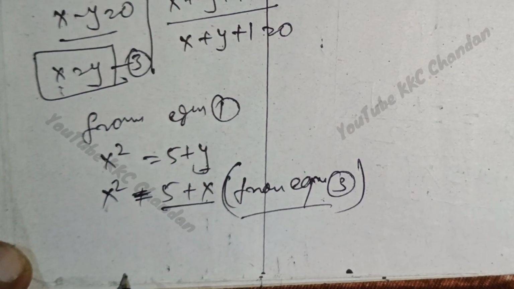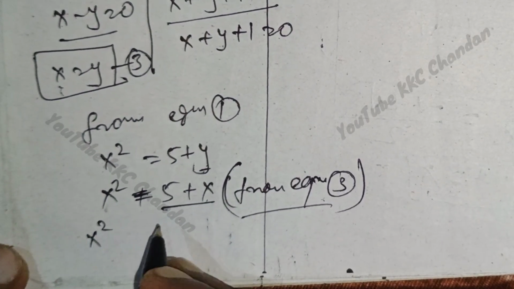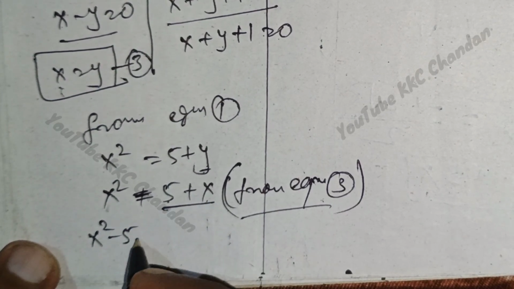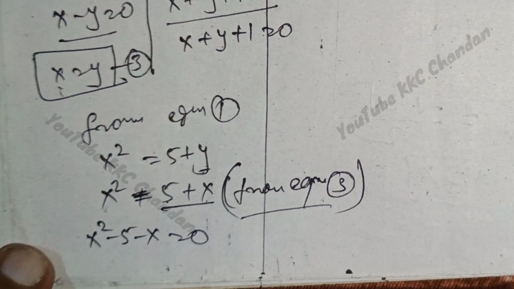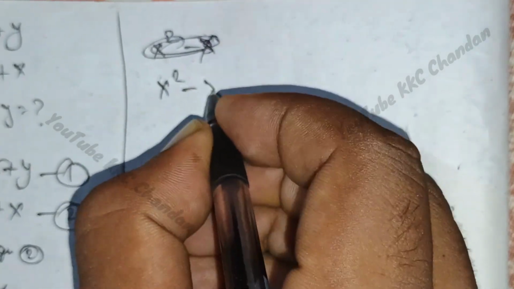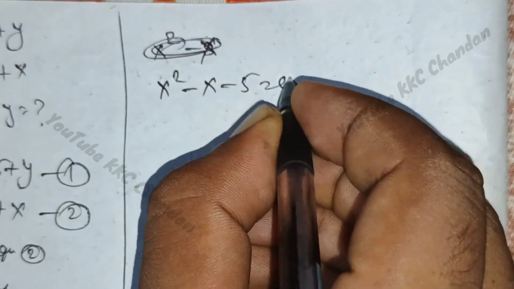This side will be written as x square, 5 comes to this side minus 5, x comes to this side minus x, is equal to 0. After arranging, x square minus x minus 5 is equal to 0.